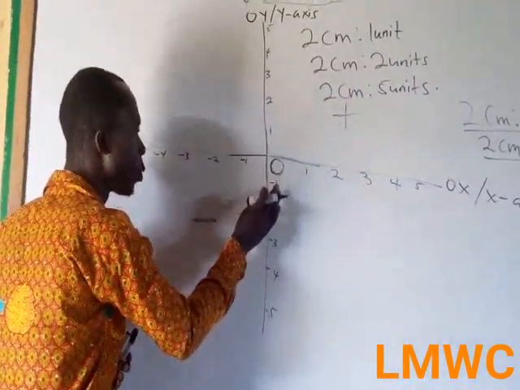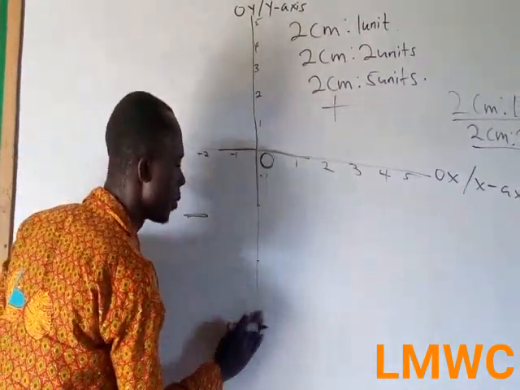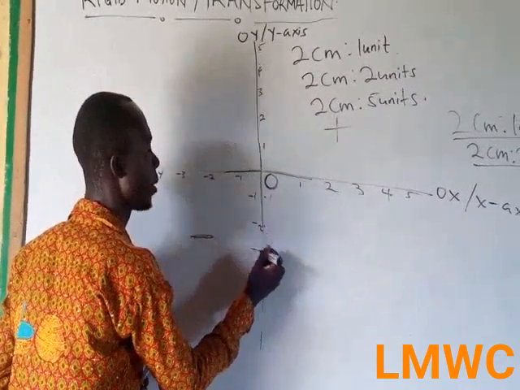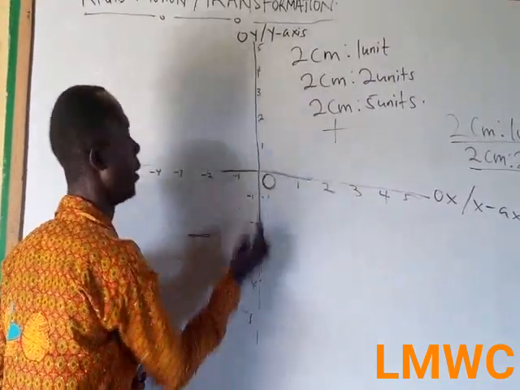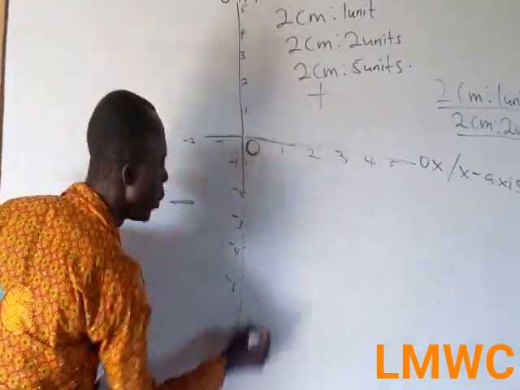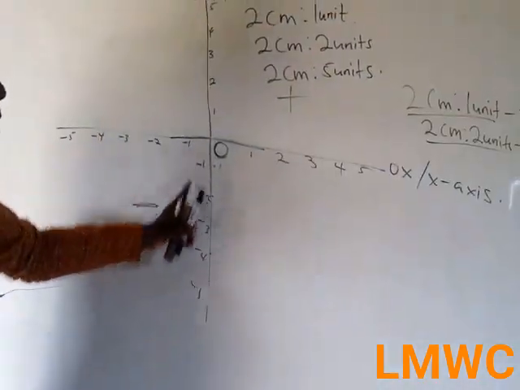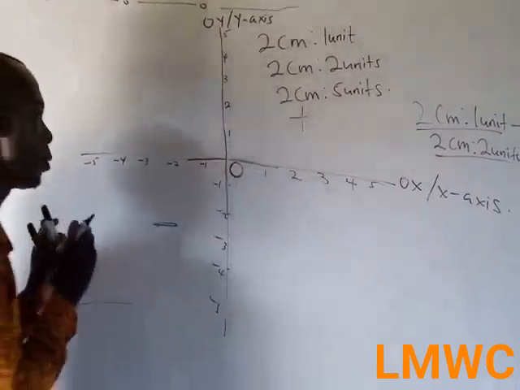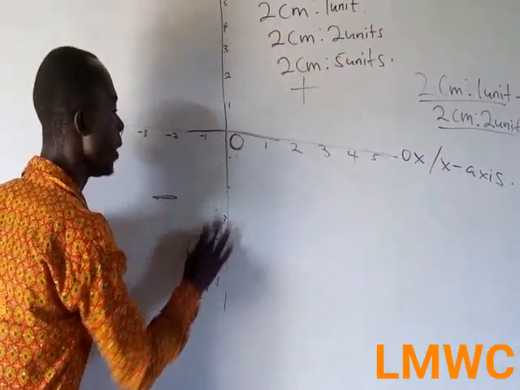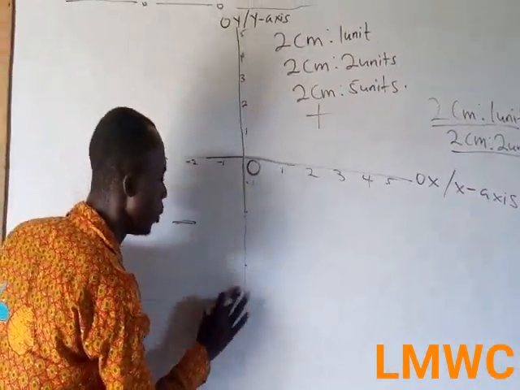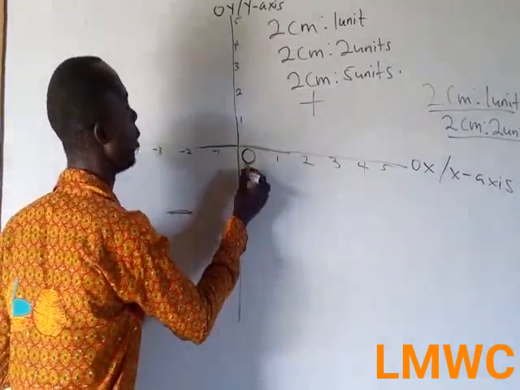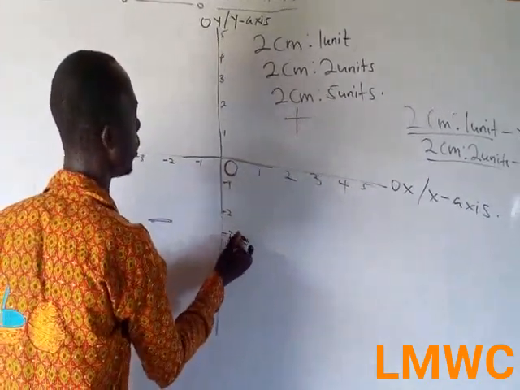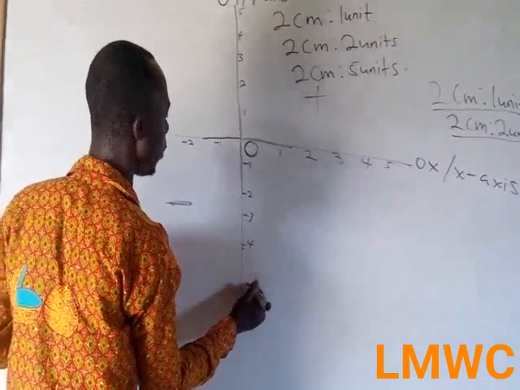You cannot write this negative side just anywhere. Always it should be in line with this one. If you write it like this, an examiner can penalize you. So always it should be in line: neg 1, neg 2, neg 3, neg 4, neg 5.